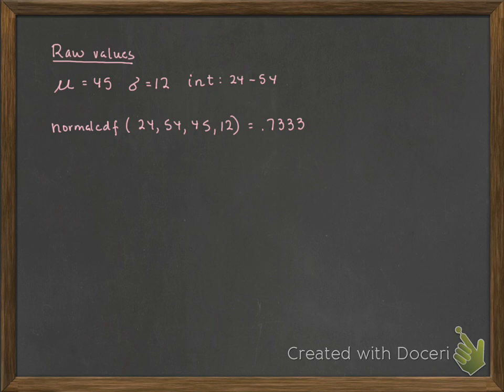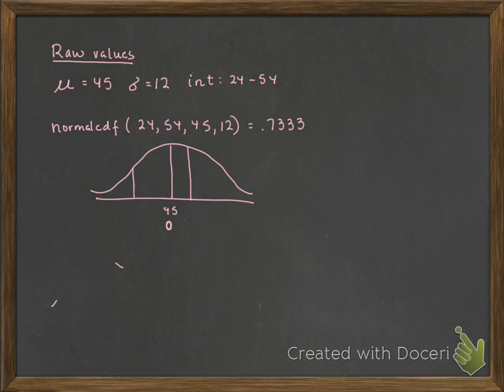Now, if we did the z-score, you would use 0 for your mean, 1 for your standard deviation, and you would need to find the z-score. So say the mean is 45 minutes right here, that would actually be our 0 if we're using the z-score method. 54 might be right here, and 24 might be right here. And we're looking for these values right here. So I'm just going to write 54 right here and 24 right here.